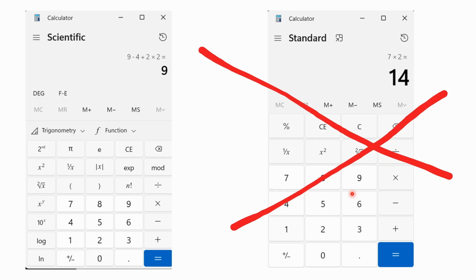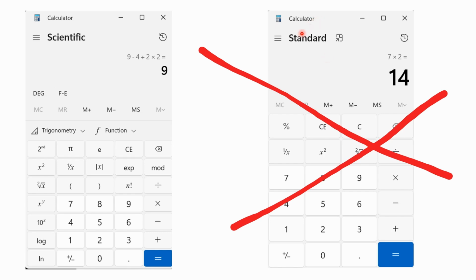So as you're typing keys in, it will actually solve each operation as you're entering it.